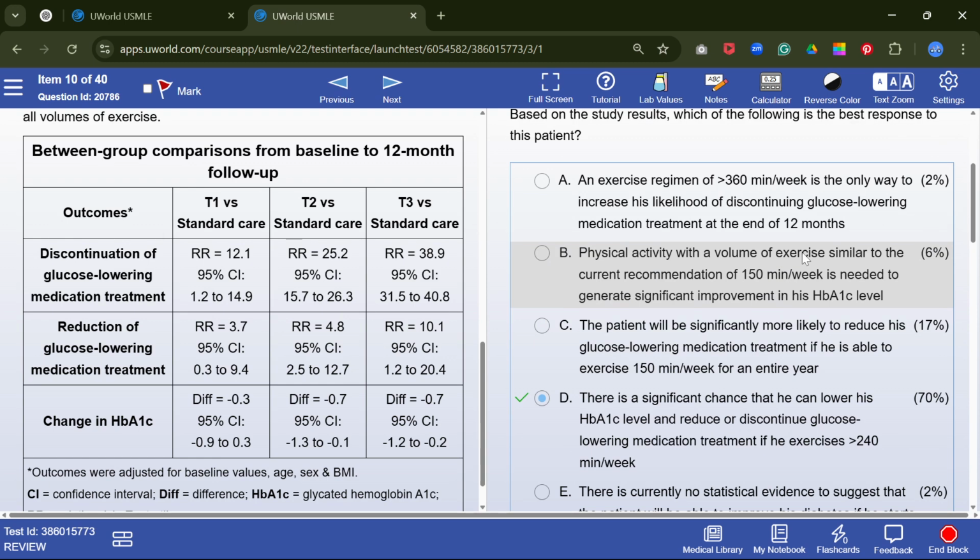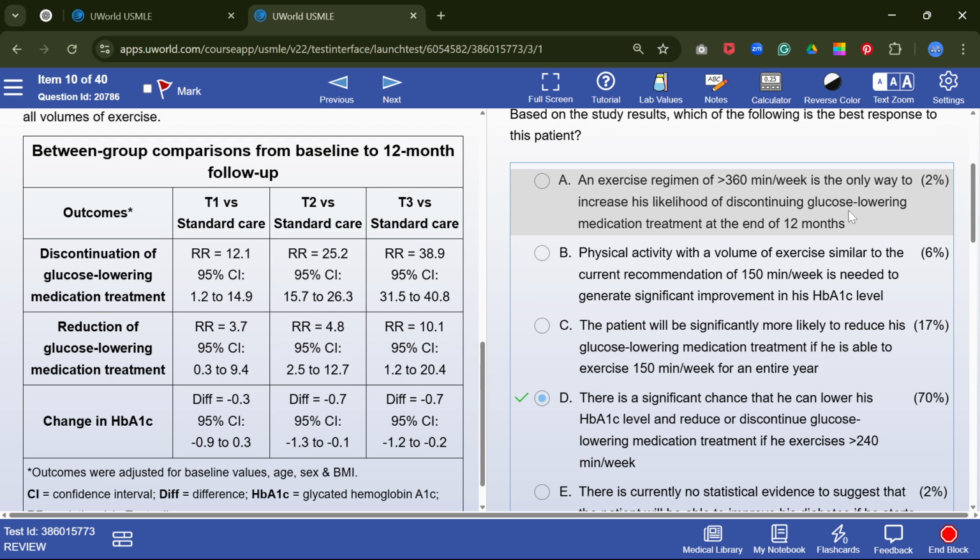To this patient. Okay, and if we rule out the first, an exercise regimen more than 360 per minute, like this one, T3, is the only way to increase the likelihood of discontinuing glucose lowering treatment at the end of 12 months.